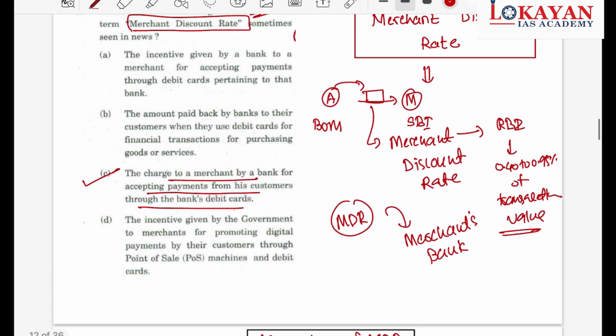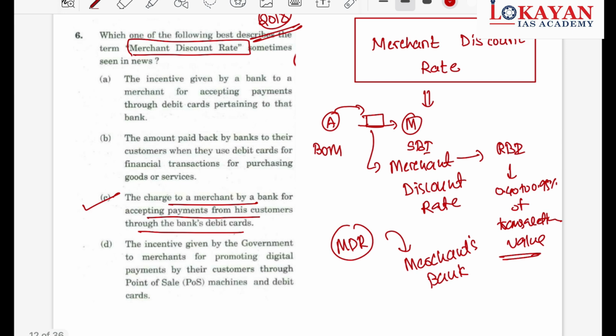But remember, the merchant's bank will not keep the entire MDR. That will be divided between the customer's bank, the merchant's bank, and the payment gateway. Let me show you clearly.